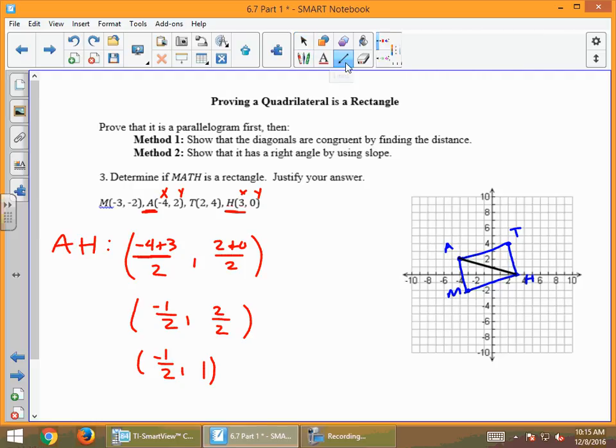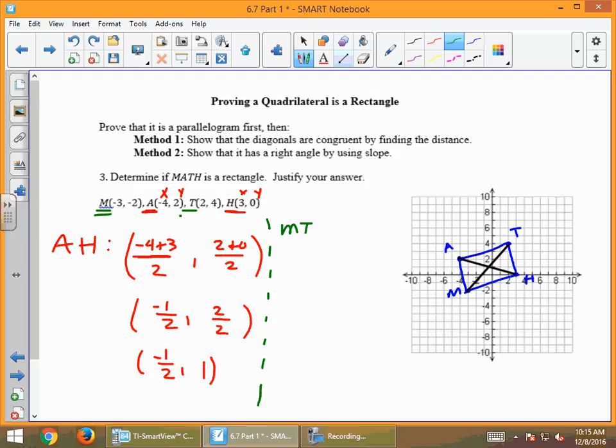Repeat the same process with the other two. M matches up with T. So M, T. Same thing. What are our x values with M and T?